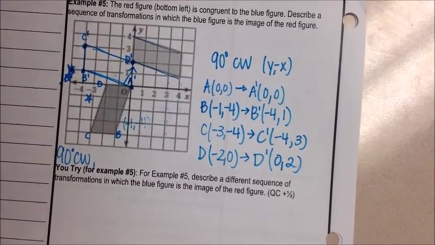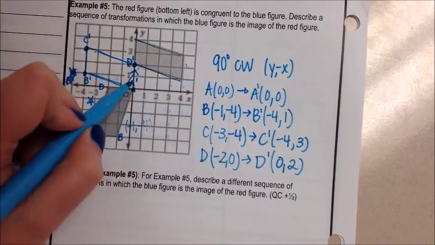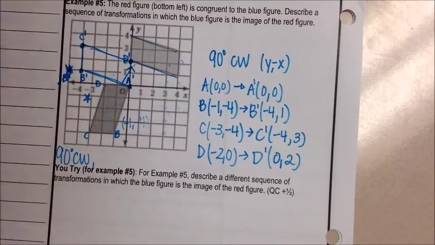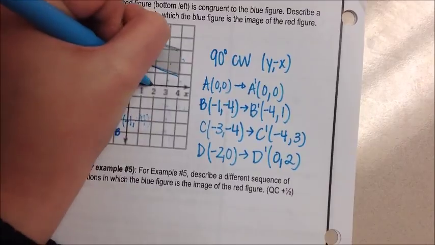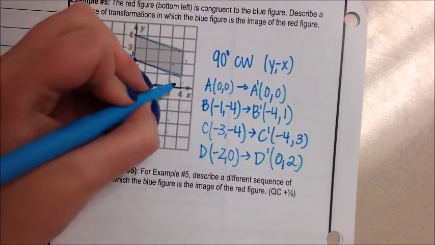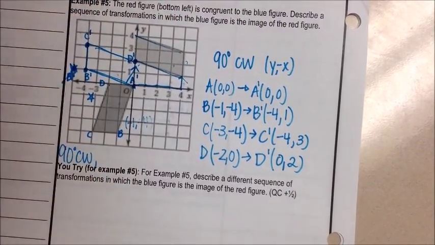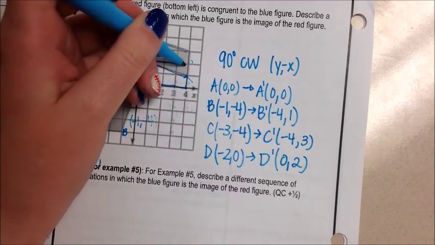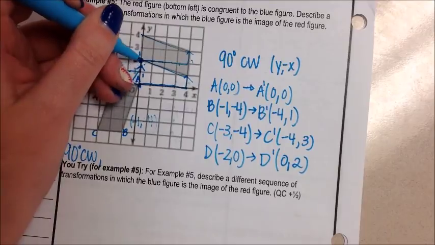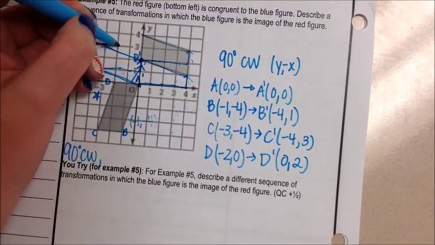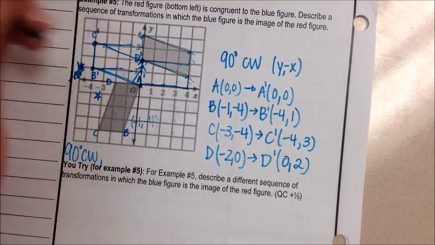Now we need to get this to here, this to here, this to here, this to here. So now I just need to translate. I'm going to go 1, 2, 3, 4 to the right and 1 up. Let's see if that works for all of them. Yep, that works.